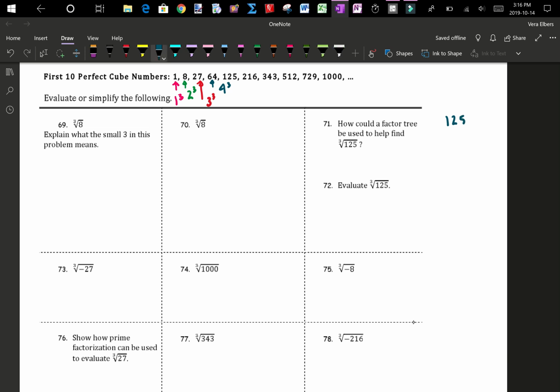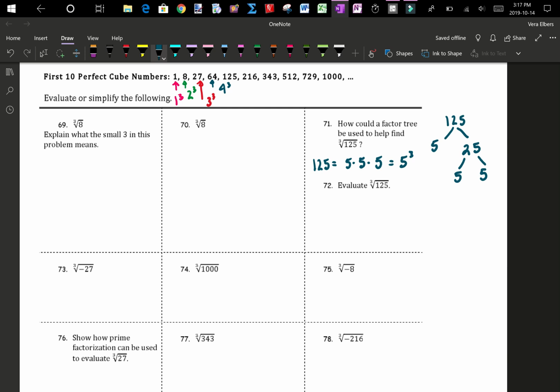We know that 5 goes into 125, and if you take out your calculator, it will go in 25 times, and 5 goes into 25 five times. So now you know that 125 is 5 times 5 times 5, which is 5 cubed.